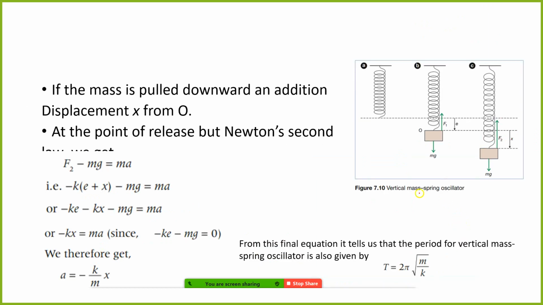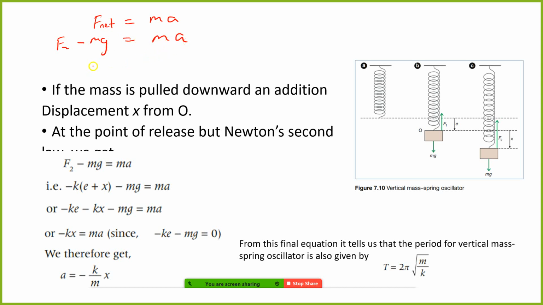And if that's the case, then we can conclude that the net force, using Newton's second law, because it's now oscillating, is equal to mass times acceleration. And just a while ago, we saw that the net force would be F2 minus mg equals ma.